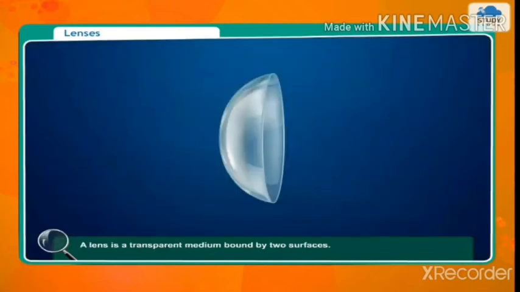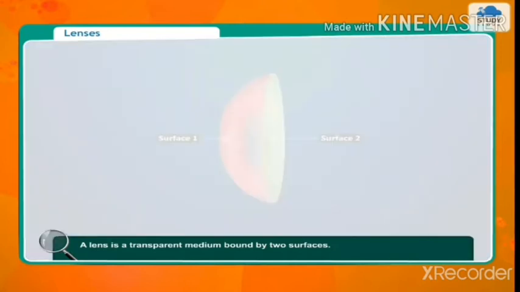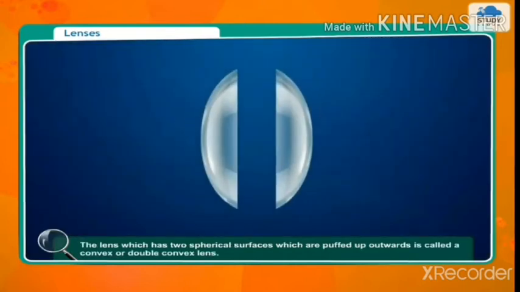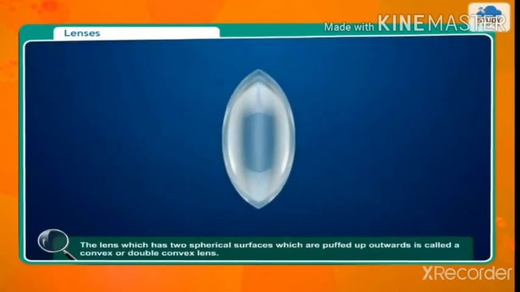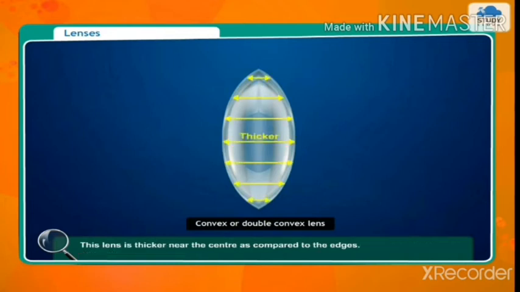A lens is a transparent medium bounded by two surfaces. A lens which has two spherical surfaces which are puffed up outward is called a convex or double convex lens. This lens is thicker near the center as compared to the edges.